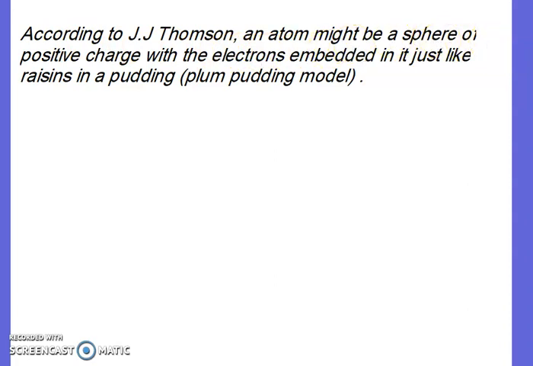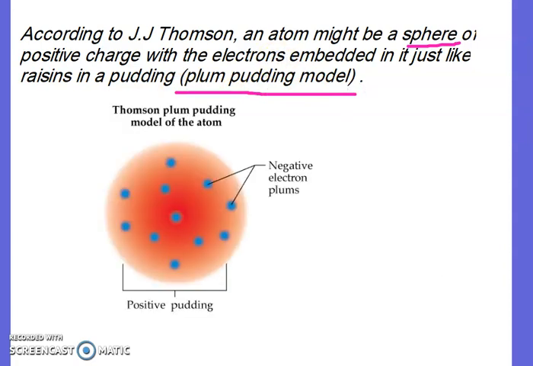A sphere. So an atom is a sphere of positive charge with the electrons embedded in it, just like raisins in a pudding. That's why this is called the plum pudding model, we call it. Here it is.